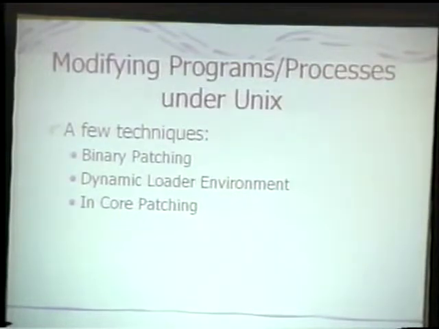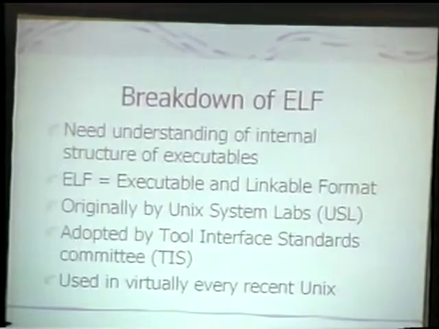The dynamic loader environment is one of the easiest ways of doing this sort of stuff, which some of you might be familiar with, but I'm going to present some different techniques along those lines. And then in-core patching. It's almost like simple binary patching, but you do it while the process is running.